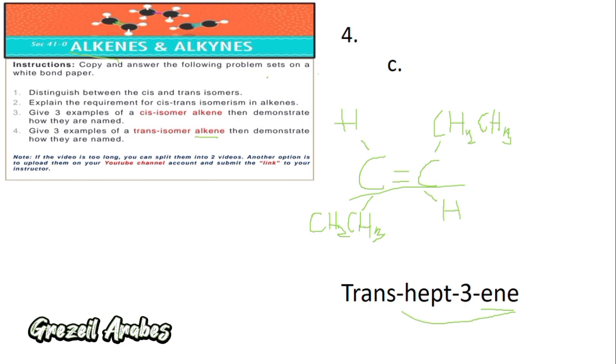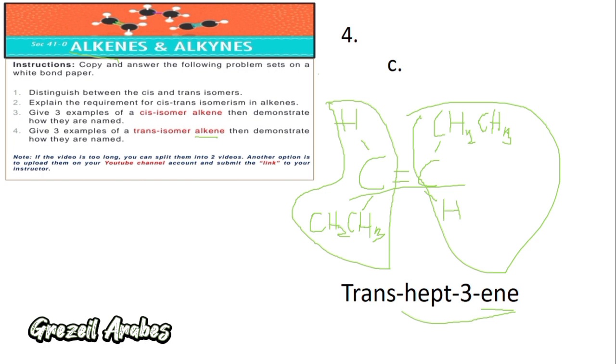And then the groups, ma'am, are non-identical or they're not the same. And as the formula, ma'am, the given here is across or on the other side, which is the definition of trans in Latin, across or on the other side, unlike in the cis isomer alkene where they are on the same side here.